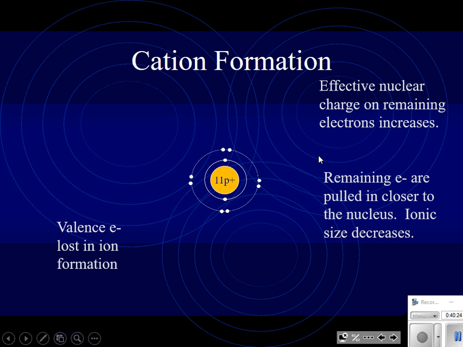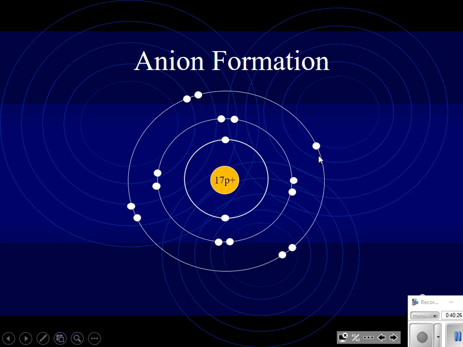Okay? Now, here is an anion being formed. What has 17 protons? Chlorine is the correct example. Now, if you look on chlorine, its outermost energy level, the outer ring, has 7 electrons, right? How many does it need for an octet? 1 more to get 8.